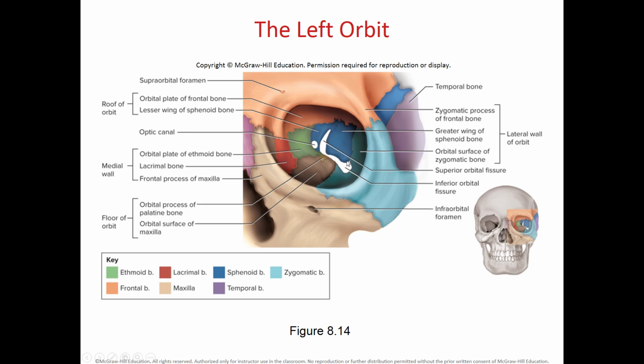And also we have the abducens nerve, or cranial nerve number 6, that helps us to move our eyes laterally. And another structure that passes through there is the ophthalmic vein and the sympathetic fibers.